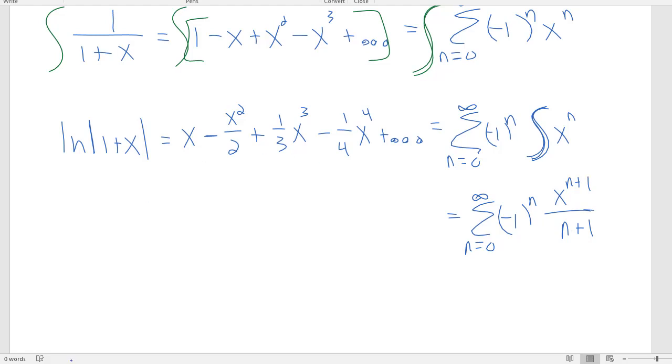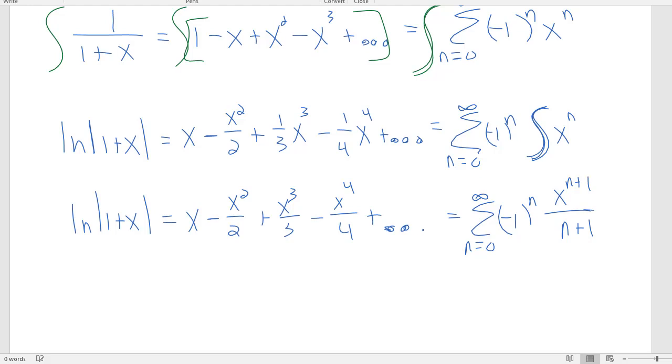All right? So let me just recopy all of this down. So the function ln of absolute value 1 plus x has a power series representation. It's x minus x squared over 2 plus x cubed over 3 minus x to the 4th over 4 plus dot, dot, dot.